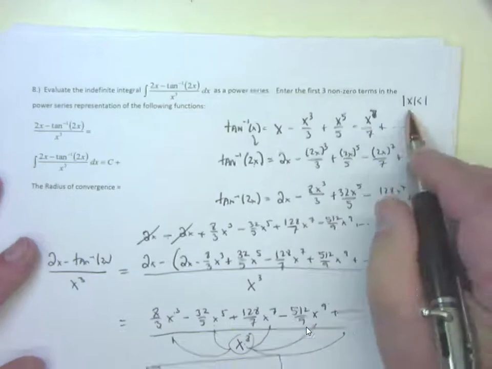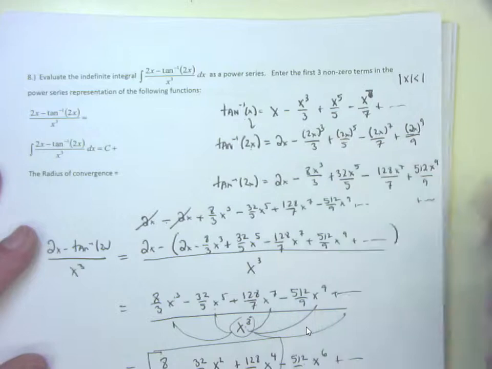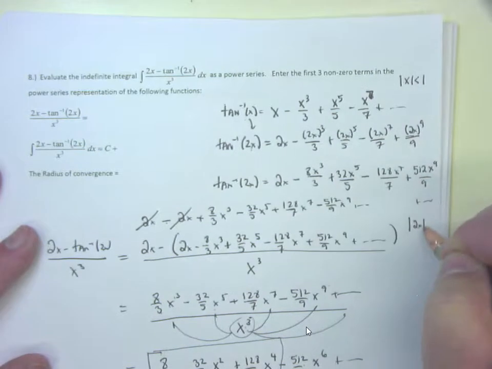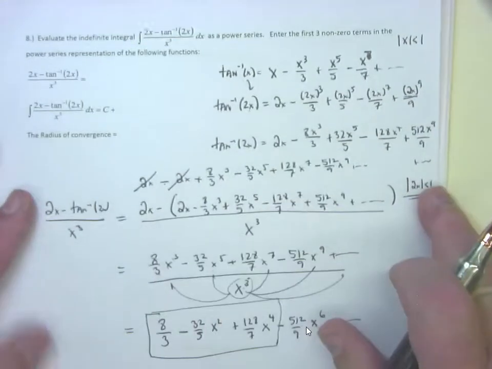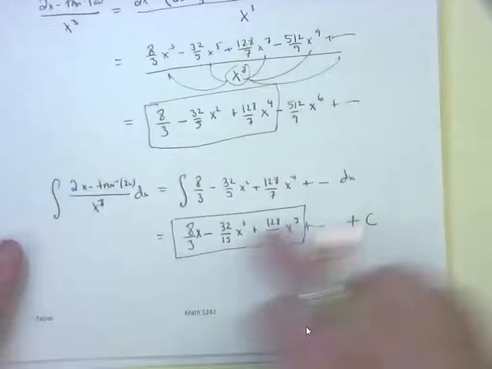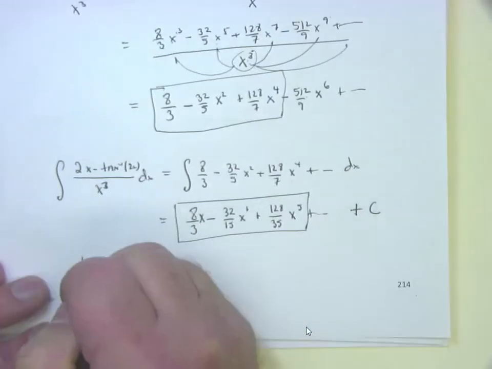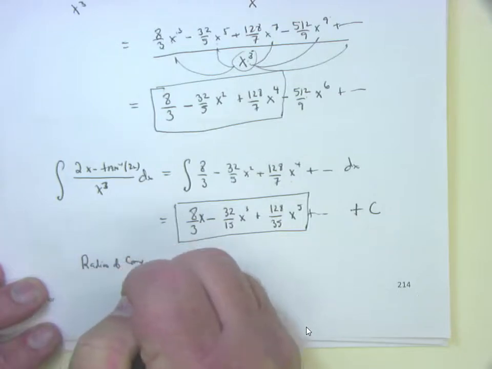But what we did up here was we replaced x with what? 2x. So what we're going to get here for the radius of convergence is the absolute value of 2x is less than 1. And whether you start manipulating or whatever, it's still going to give you the same radius of convergence. So that radius of convergence comes from that tangent inverse of 2x, and so write it down here, the radius of convergence, okay, calculating this.